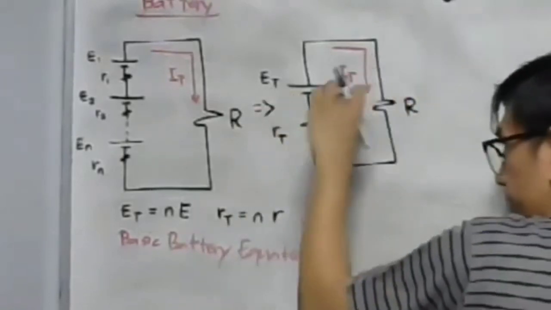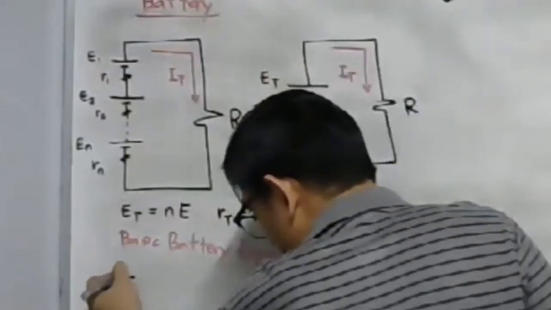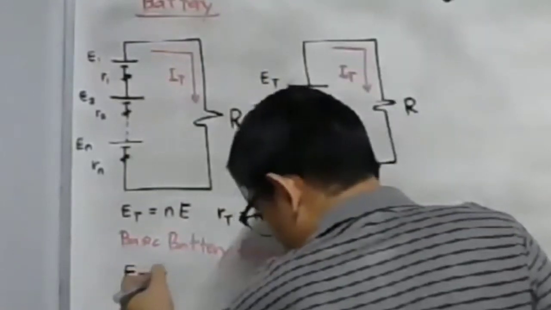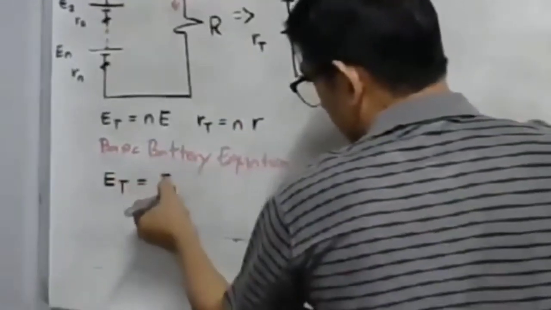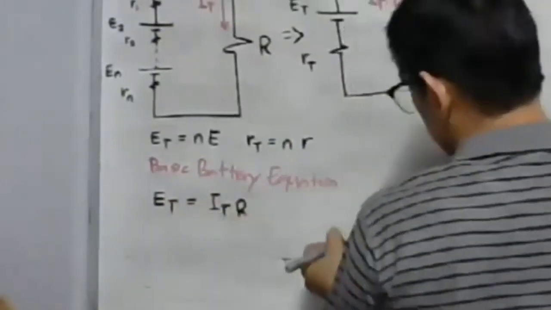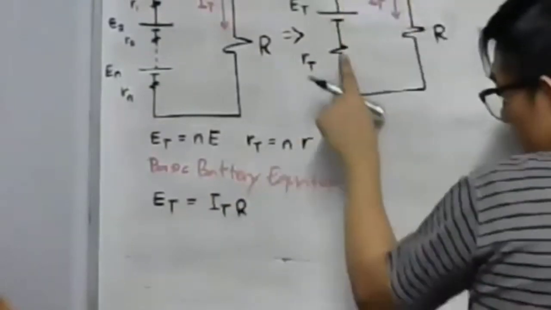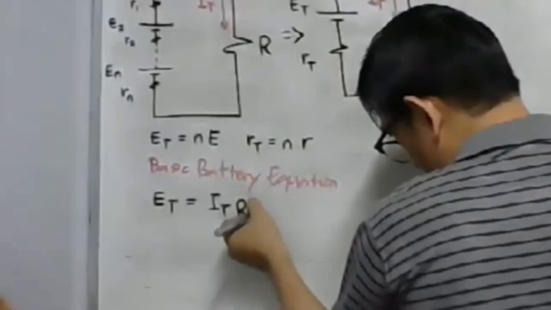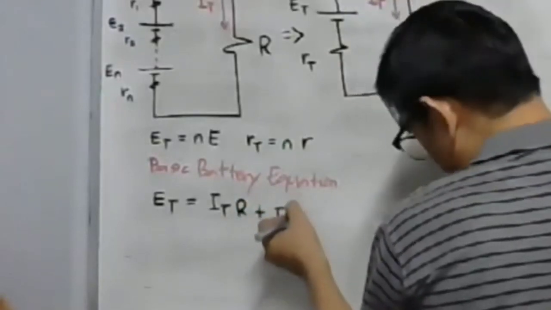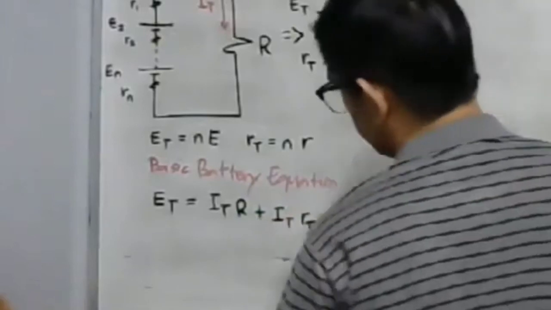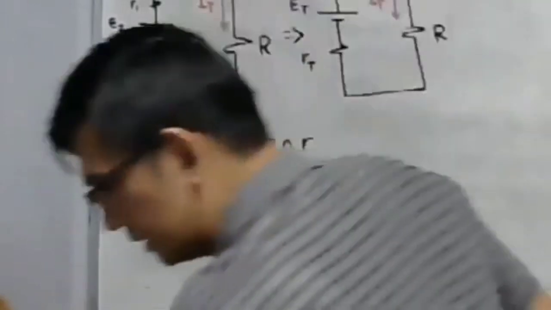The voltage here plus the voltage here is equal to the voltage here. So our Et is equal to, what is the voltage here? We have I total, we have load resistance R. What is the voltage drop here? The current flowing in RT is also our IT, so IT multiplied by the small RT. What is IT multiplied by big R?